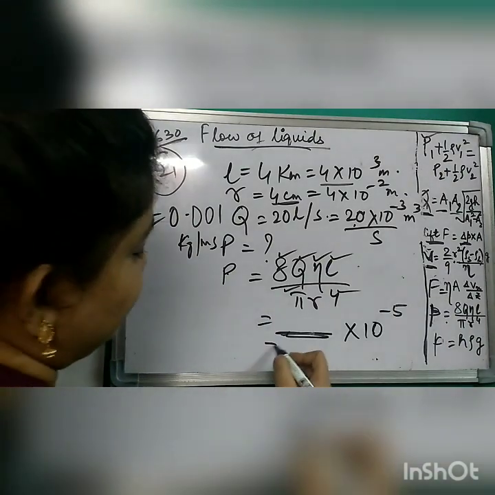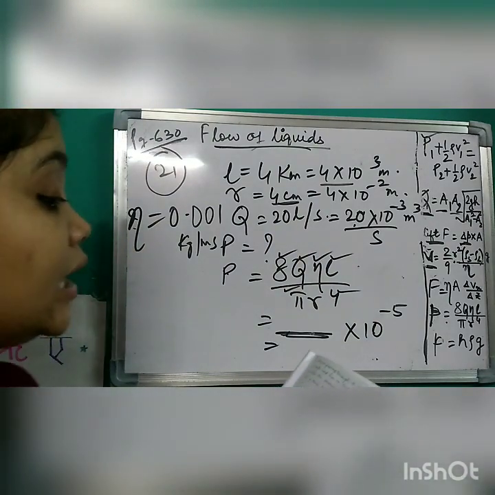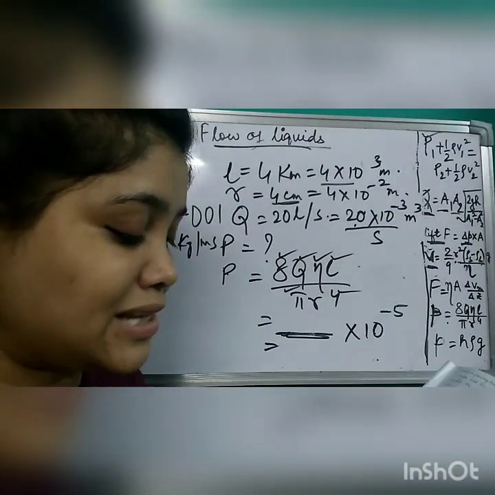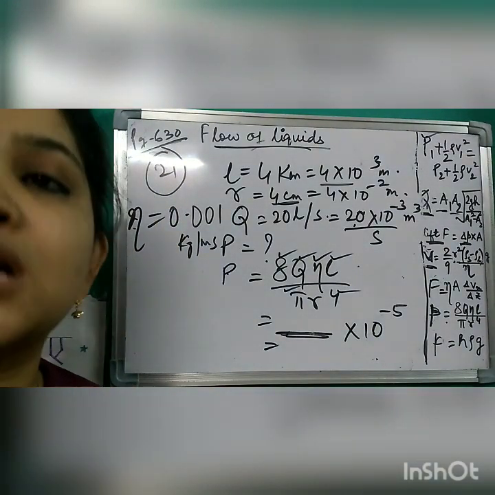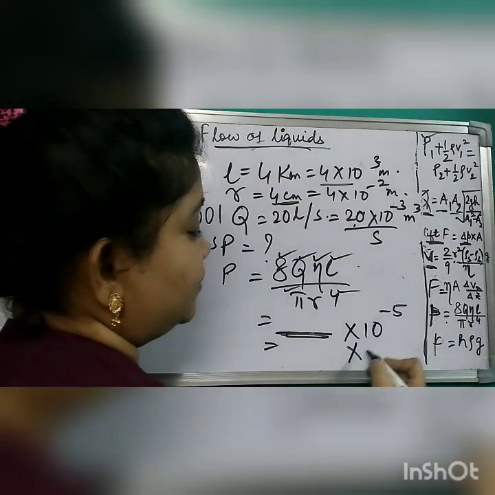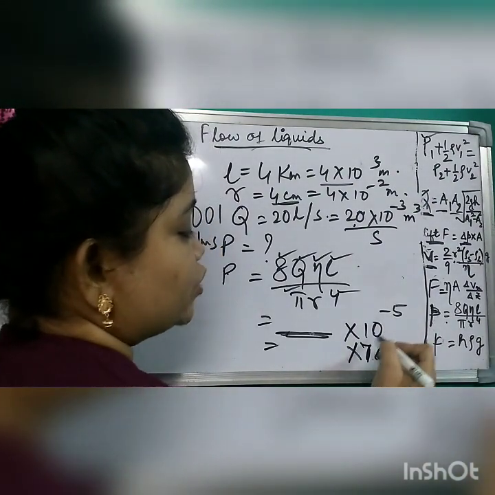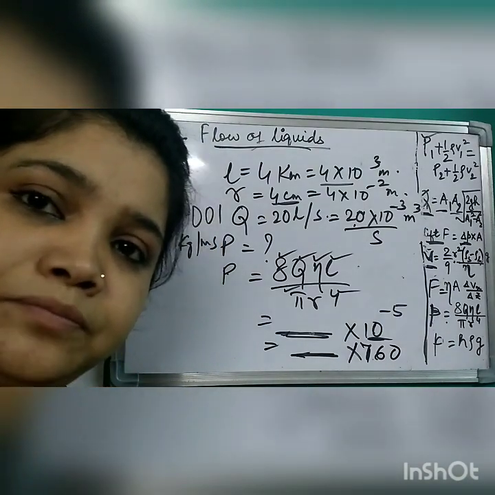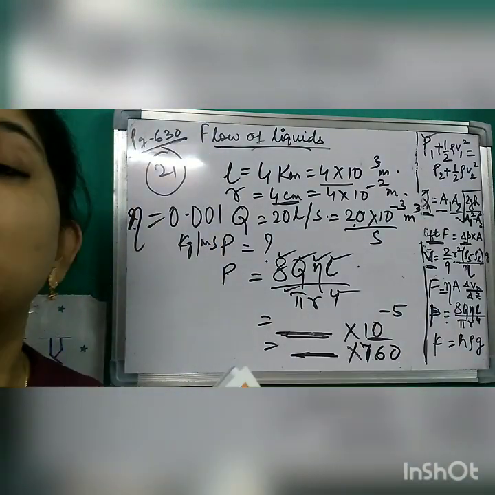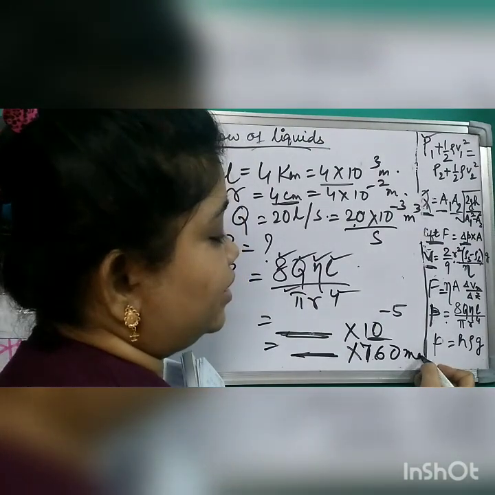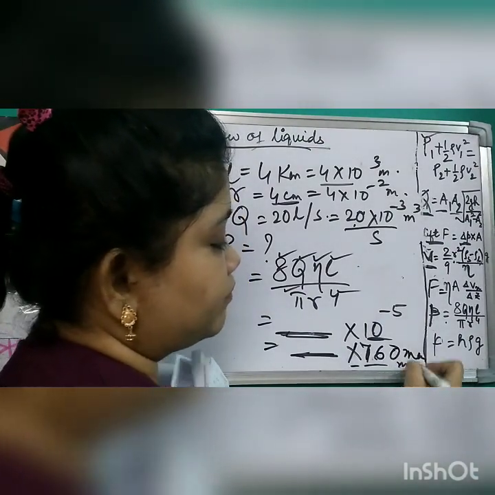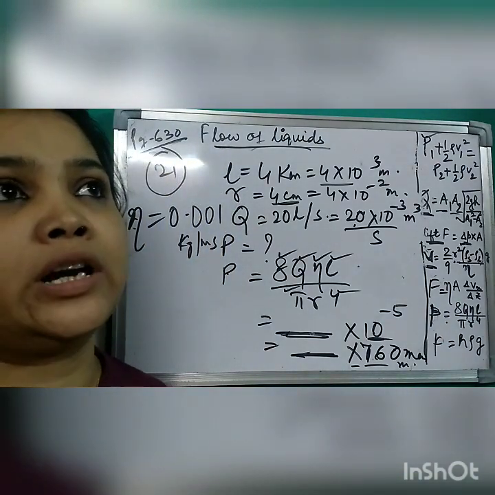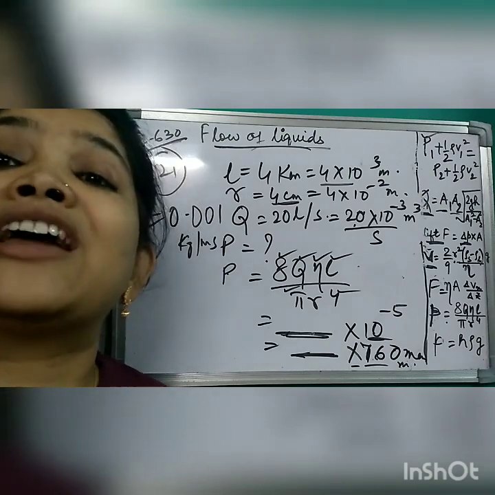After that, they have asked you to find the pressure in terms of height of mercury column. That means after that you have to convert it in terms of mercury column. So what is the mercury column? It is nothing but 760. Whatever answer you are getting, multiply it with 760. You will get the answer in millimeter and you convert it into meter, because the height of mercury is 760 millimeter of Hg.